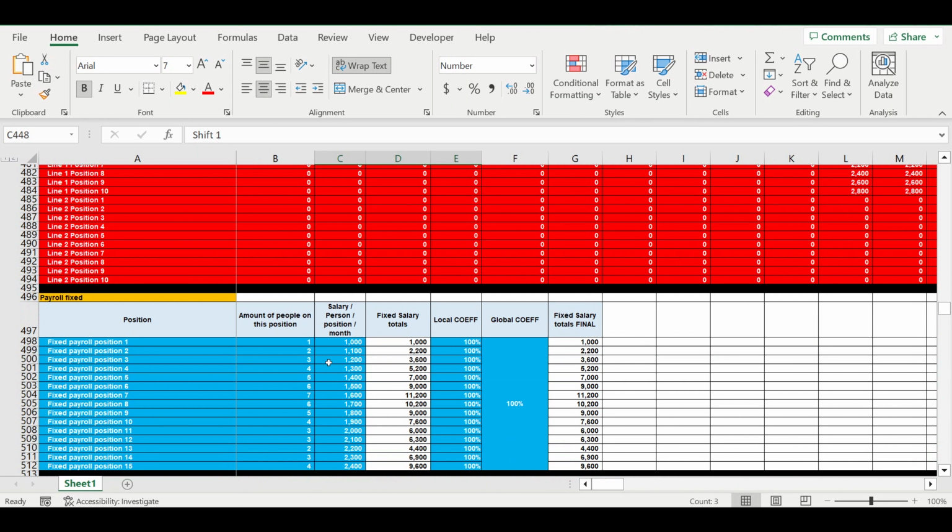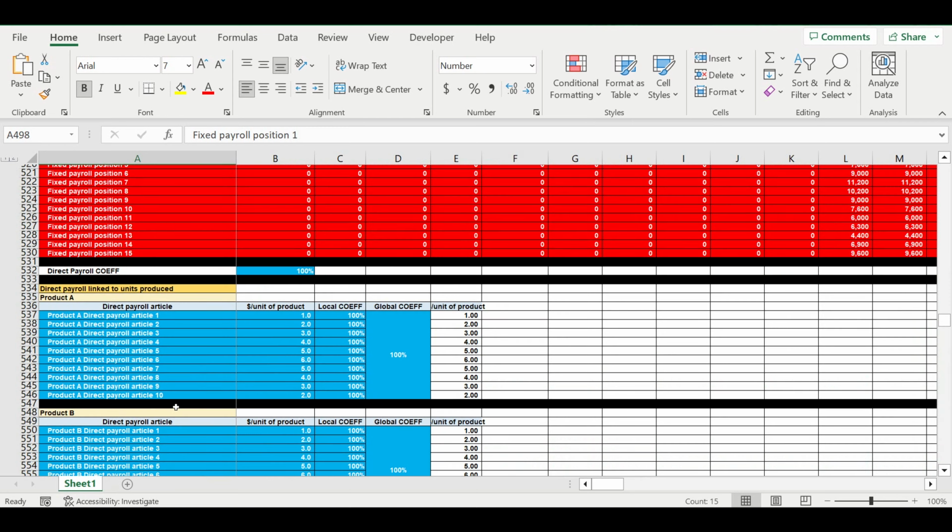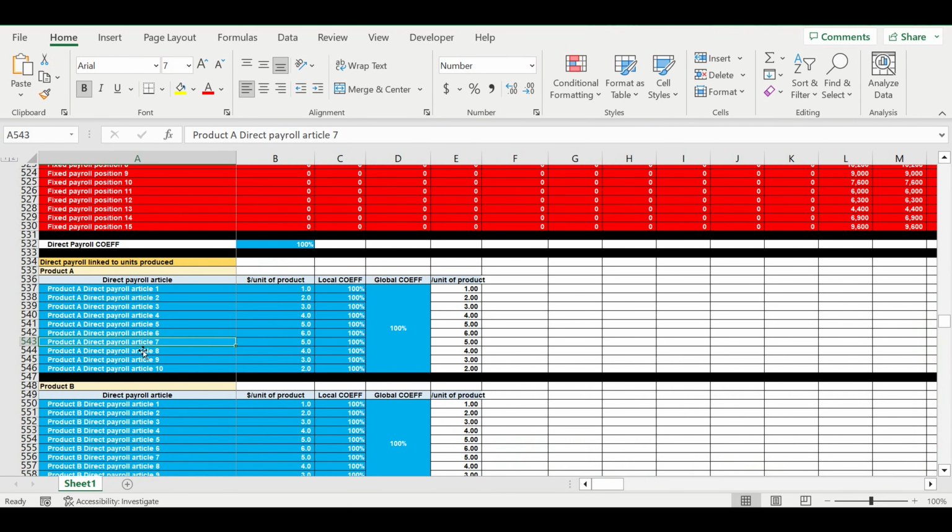Then we were creating the block for payroll which is fixed. Then we were creating the block for payroll that was linked to the amount of product A and product B produced.